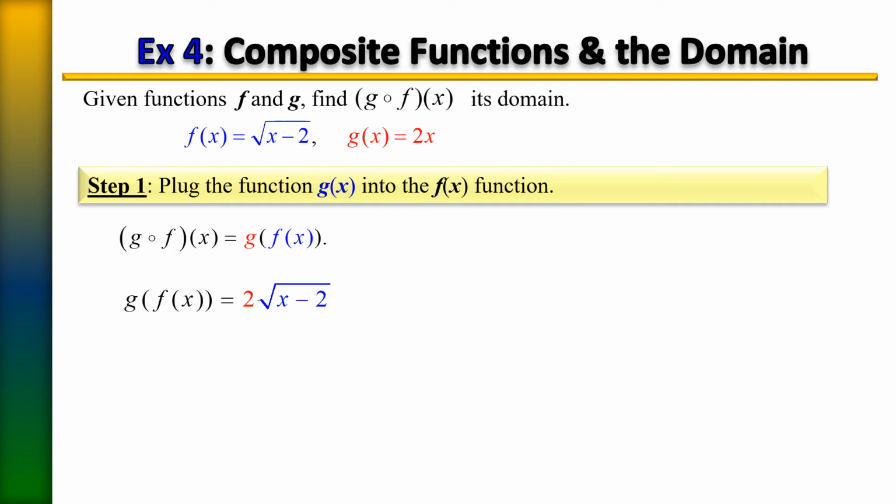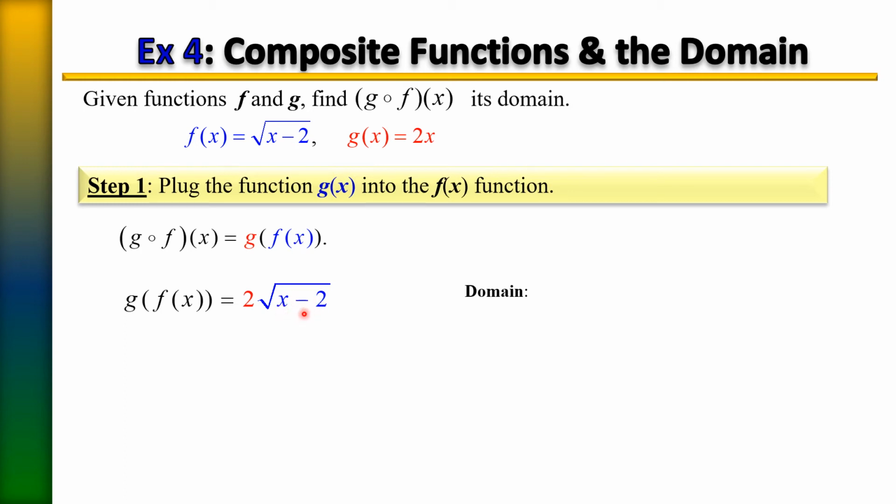At this point, there's really nothing more that you can do with this function. However, we are asked to find the domain of the function, and the domain is all the allowable x values. So we want to know what numbers we are allowed to plug into this function.